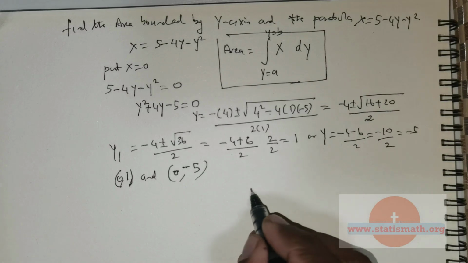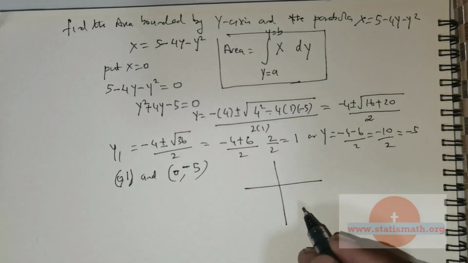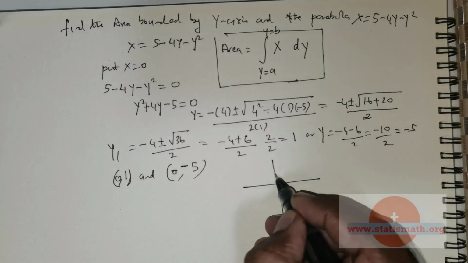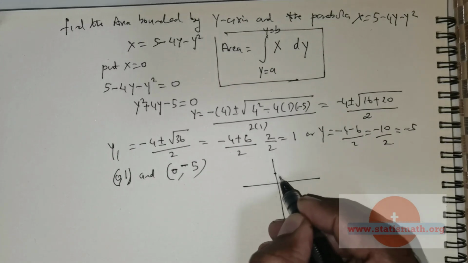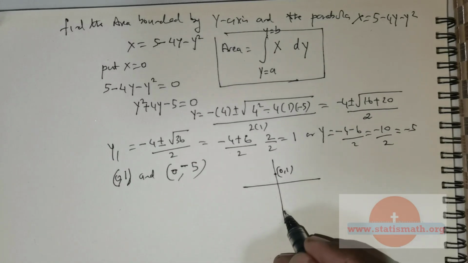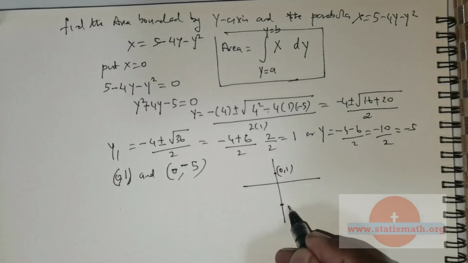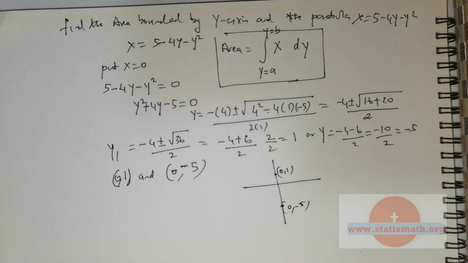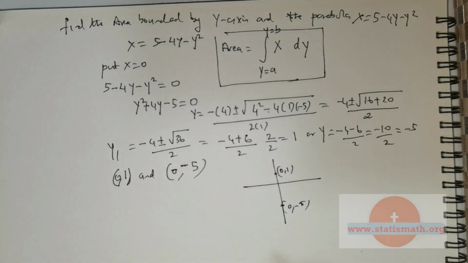If you were to plot the points, (0, 1) would be somewhere over here, and (0, -5) should be somewhere over here. So the graph would be something like this.